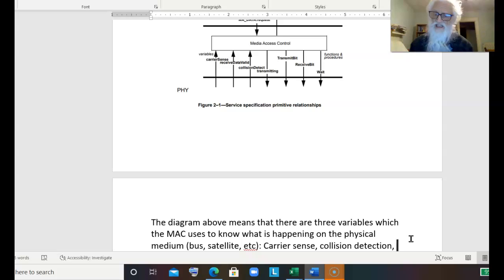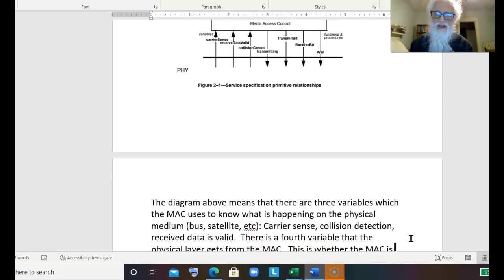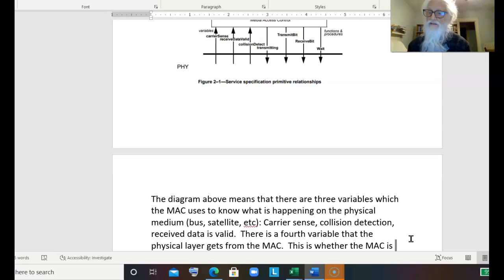So the 4 variables the MAC uses to know what's happening on the physical medium. The carrier sense, remember we talked about that when we talked about Ethernet. That means that the MAC can sense what is on the bus or the satellite. Collision detection, which means it can hear if something is wrong. And receive data valid, so it knows it's receiving the proper setup.